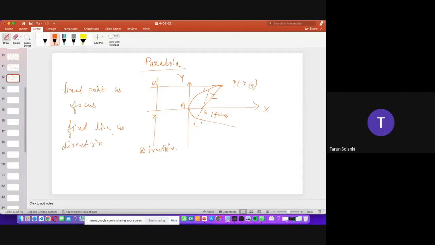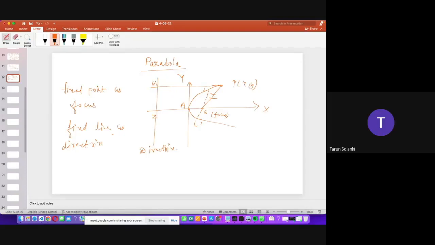So a parabola is the locus of a point which moves in such a way that its distance from a fixed point is equal to its perpendicular distance from a fixed straight line.